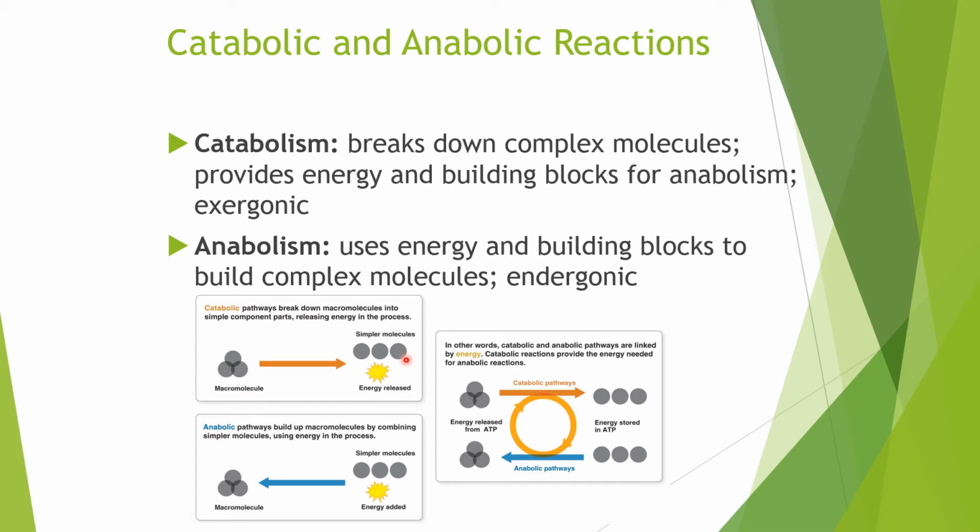Again, that's a catabolic reaction, and energy is going to be released. Now, let's say that you have amino acids in your body, and your body wants to build a protein. Your body's going to take those amino acids, input some energy, and build a protein. And so, as you can see, catabolic and anabolic reactions are basically reversible.